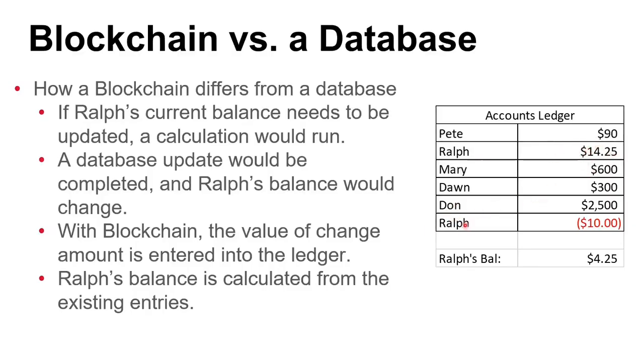If Ralph used some of that, we would add a new record where we subtract 10, and then Ralph's new balance is here. So we would track it that way. A database would manage that data much differently from how a ledger or a blockchain would manage it.